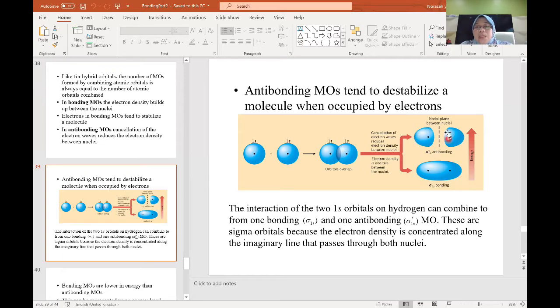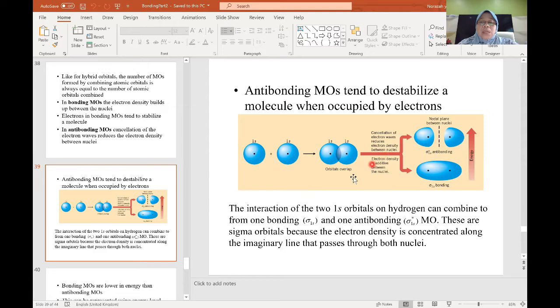You can see the area is less dense with electrons, whereas the bonding is where the electron is concentrated. This is more on the theoretical side of how molecular orbital theory views the concept of a covalent bond.